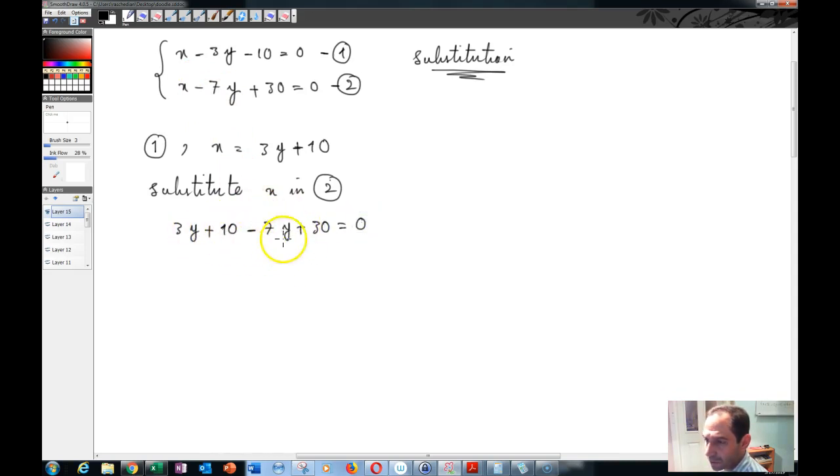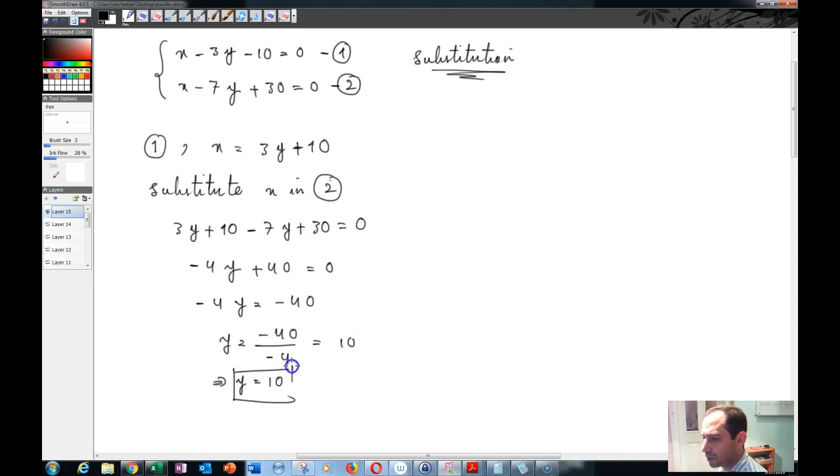So 3Y minus 7Y is equal to negative 4Y, and 30 plus 10 is equal to 40 is equal to 0. So negative 4Y is equal to negative 40. So Y is equal to negative 40 by negative 4, which is equal to 10. So your Y is equal to 10. Okay. Now you can use Y in, for example, any of these equations. So for example, I take 1 and write it as X minus 3 times Y, which is equal to 10, minus 10 is equal to 0.